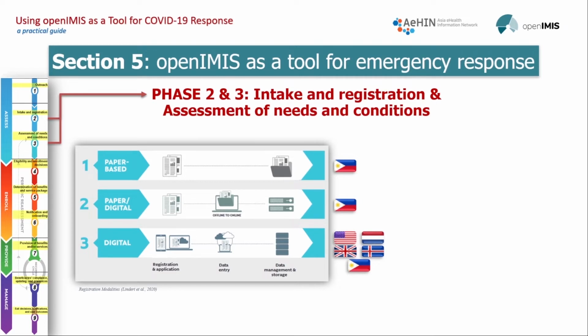Assessments of needs and conditions for eligibility of social protection programs also have different approaches depending on the program's goals and target groups. Such approaches include demographic categorizations, socioeconomic assessments, for example, income testing or proxy means testing, employment profiling, and social risk assessments.